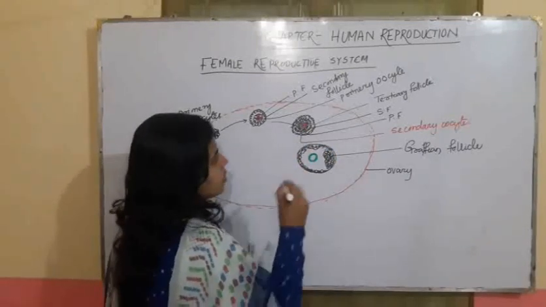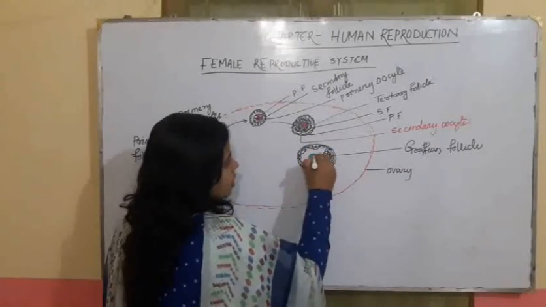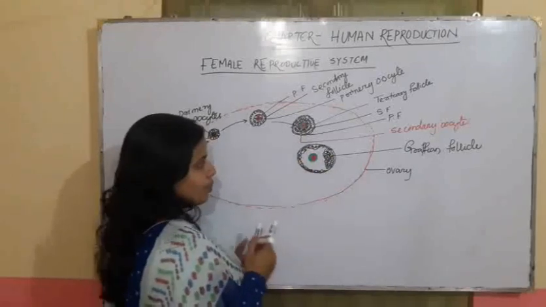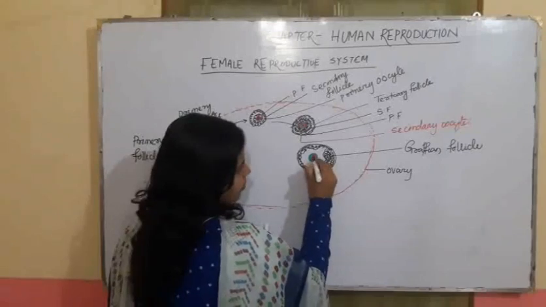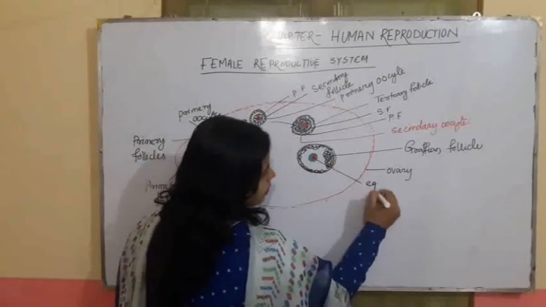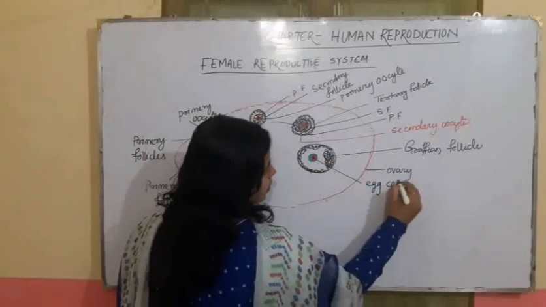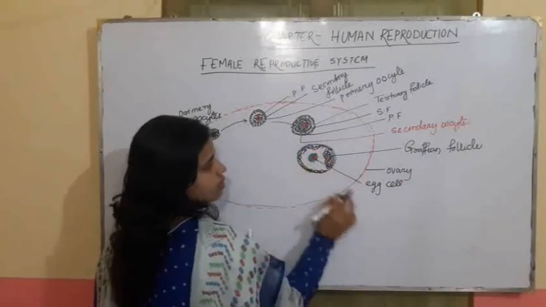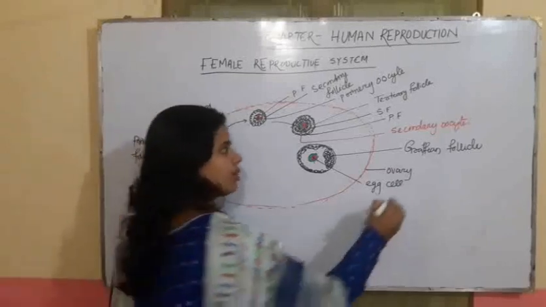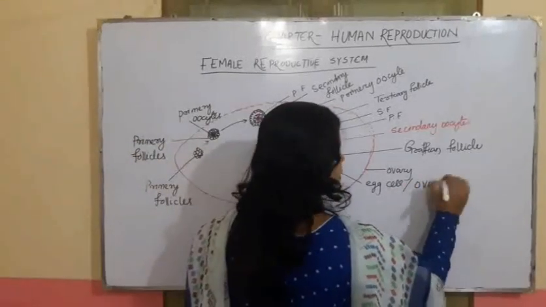Now whatever the stage is there, suppose let us draw it in this way. Okay, so this structure is now considered as what? Egg cell. So this structure is called the egg cell, or you can say ova.